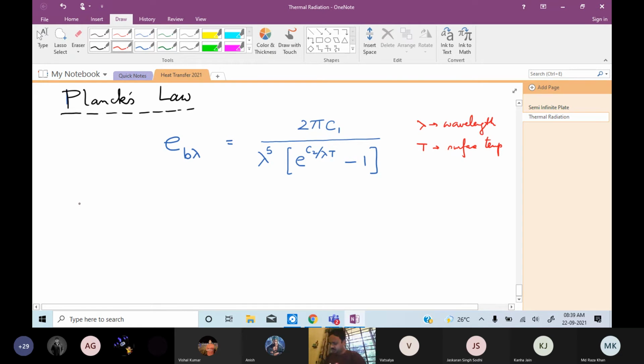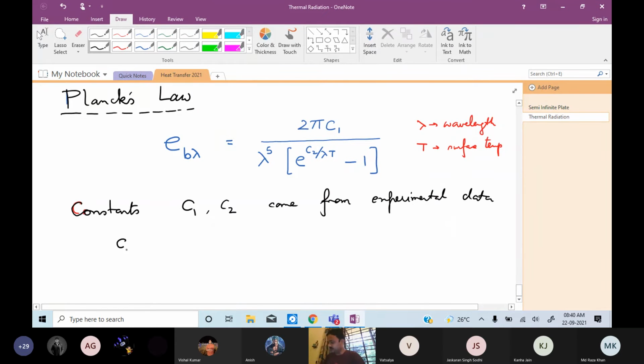The constants C1 and C2 come from experimental data.